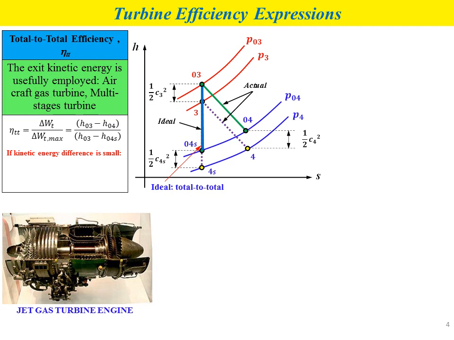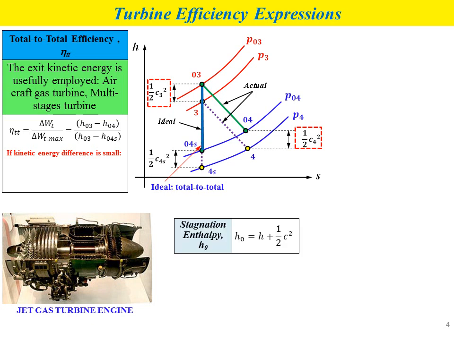If we neglect the kinetic energy terms in the enthalpy, then referring to the HS diagram, these terms refer to the kinetic energy of the fluid at the inlet and outlet of the turbine, half C3 squared and half C4 squared. The stagnation enthalpy formula is H0 equals H plus half C squared, where the second term is the kinetic energy of the fluid.